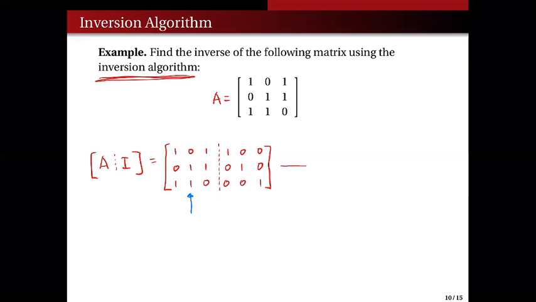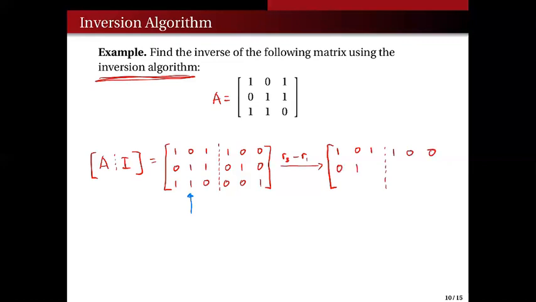Okay, so let's do this. This is already a leading one on this side. This is already 0. We want to make this 0. So meaning, we will replace row 3 by row 3 minus row 1. If we do that, in here we just copy row 1 because we are not doing anything. You have 1, 0, 1. The other side there, it's 1, 0, 0.